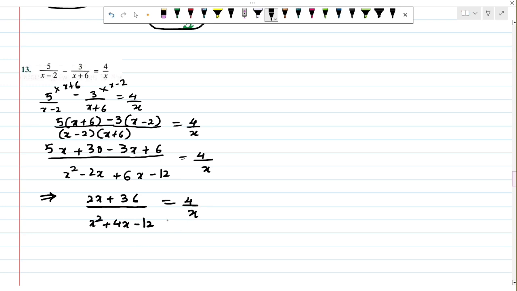So if I cross multiply this, I'll get 4 into 2x plus 36, which is equal to x into 2x plus 36, which is equal to 4 of x square plus 4x minus 12.